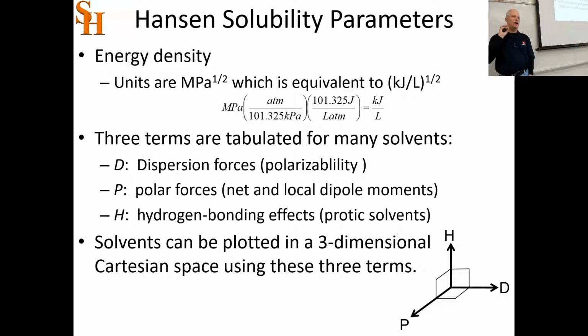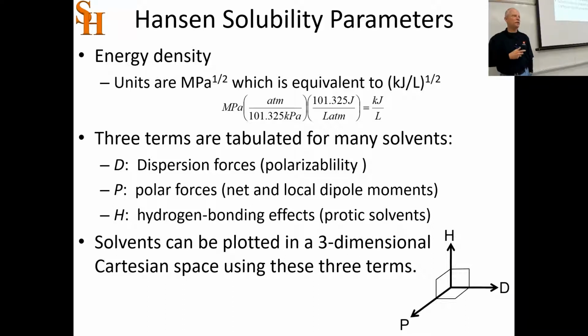Okay, so it's an energy per volume. Now, why on earth Dr. Hansen thought that pressure units was more SI than joules per liter, I don't know. But joules per liter is SI in my book. And so I like to think of these in terms of energy per volume and not megapascals.